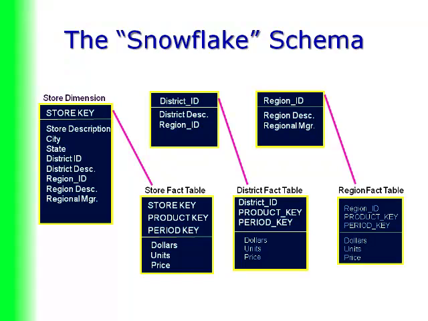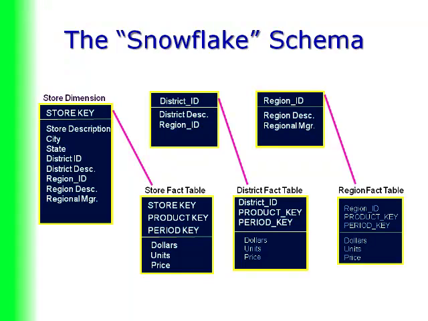I repeat, though the tables are subsets, it is absolutely critical that column names are the same throughout the schema. The diagram shown on the slide is a partial schema.